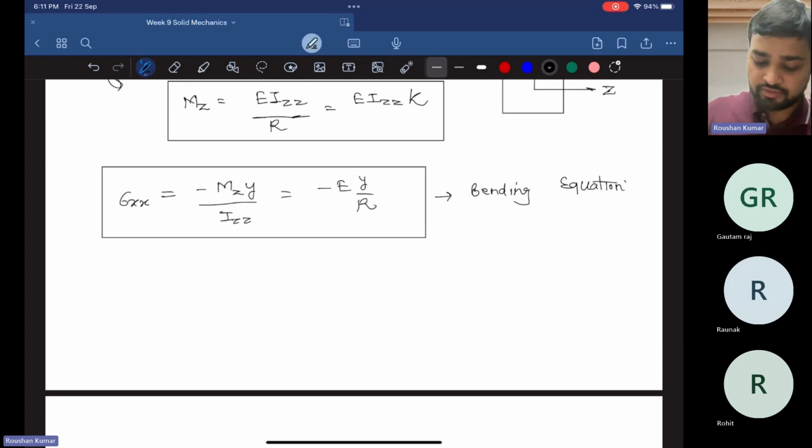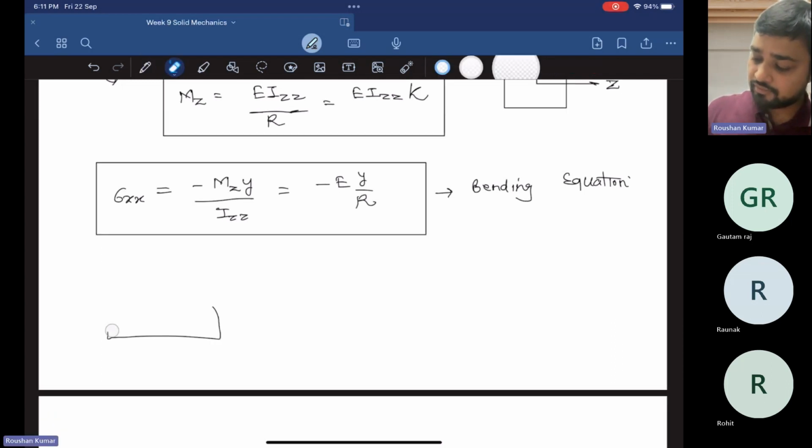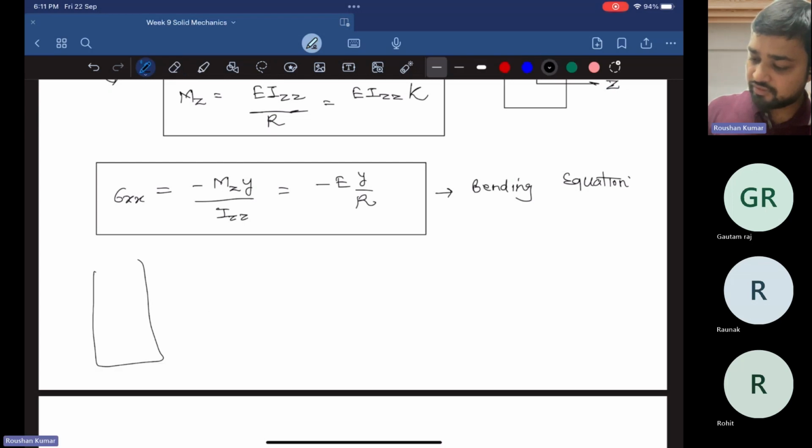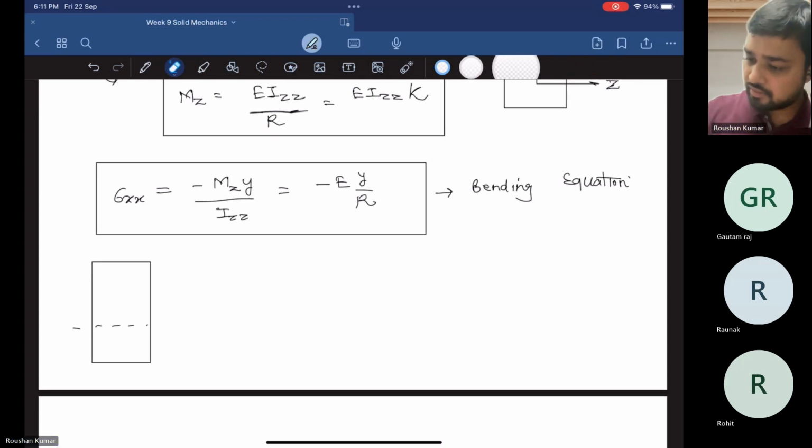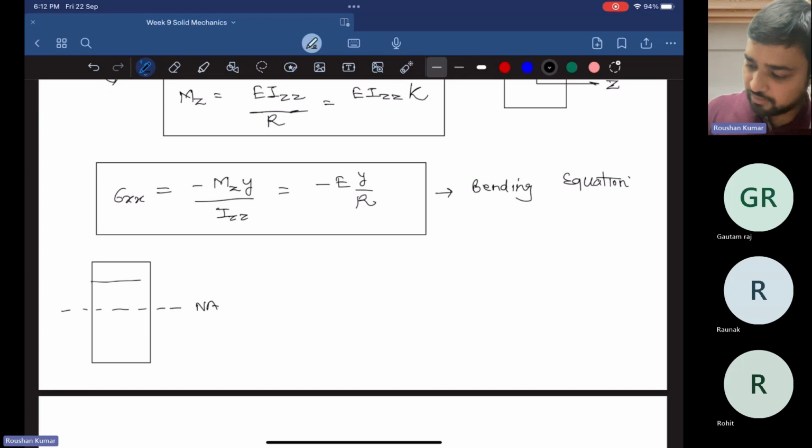Now the next concept is Izz, how we can calculate Izz. So we have a cross section, and this is our neutral axis, and this is some distance y. Suppose the height of the cross section is h and width is b.